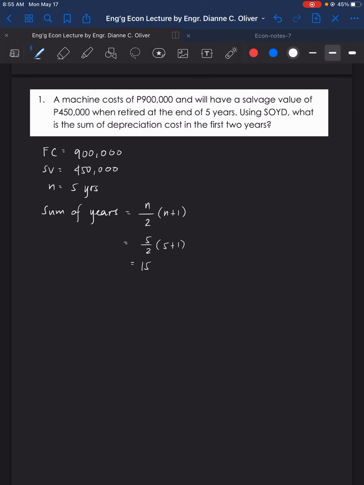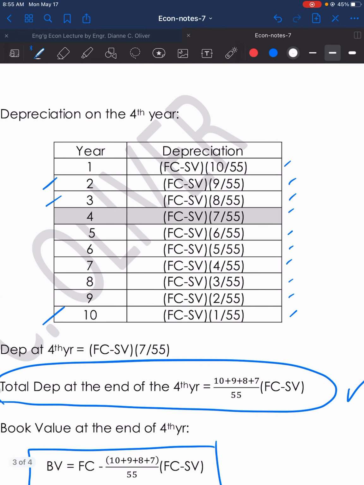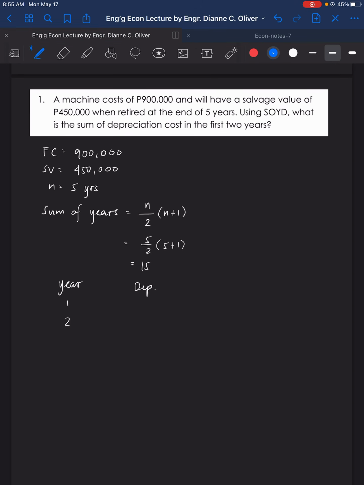So if we are going to use a table, this is the year, the first year, the second year, and then the depreciation is, this is the table a while ago. We have the first cost minus salvage value multiplied with the fraction. So let's start with the total life of the property.